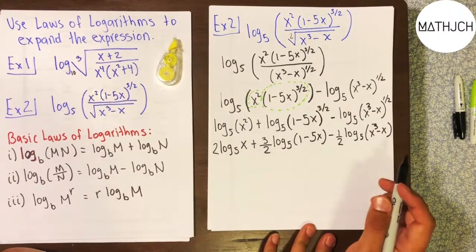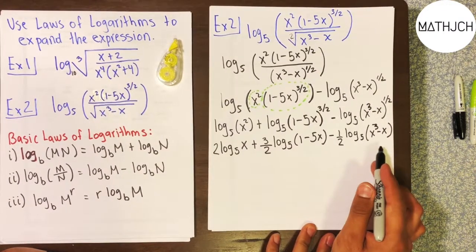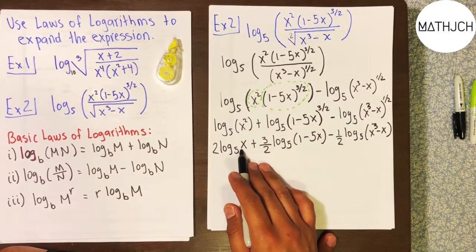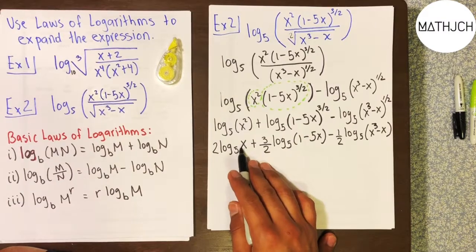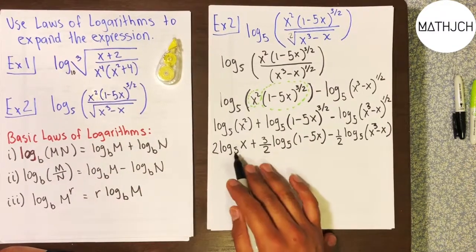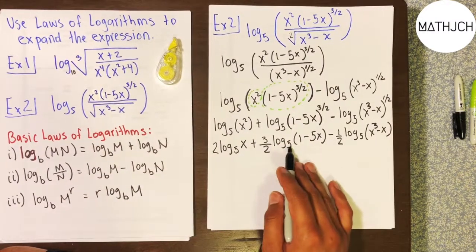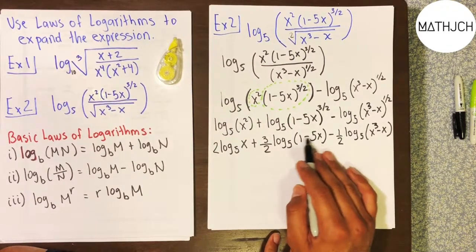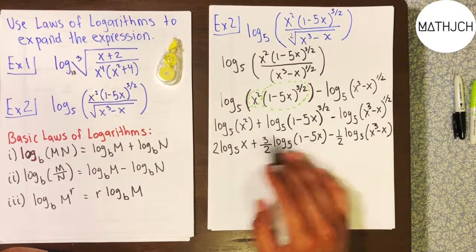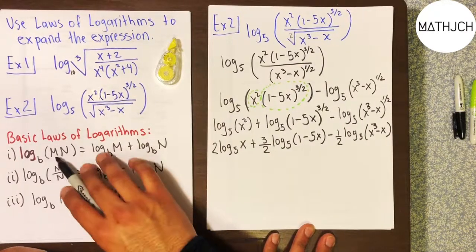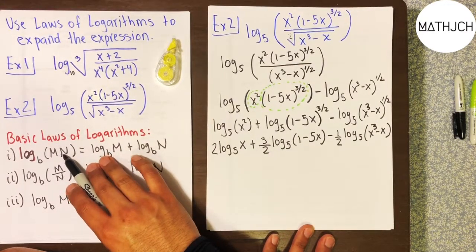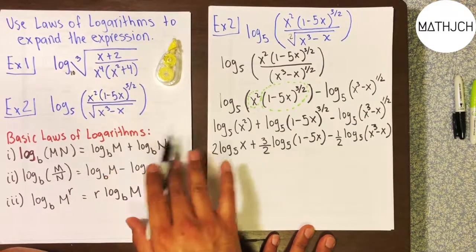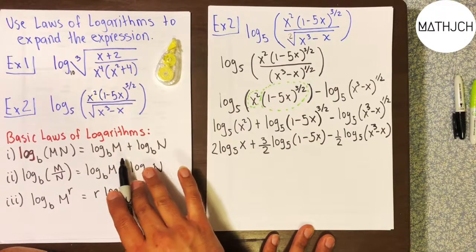Now, let's see if we could apply any other rule here. We have a 2 already there, log 5 of x. The x is by itself, so there's nothing here to apply. Let's go to the next one. We have log 5, and inside we have a subtraction of 2 different terms, right? So we cannot expand this anymore because we don't have any law for a plus or minus inside of the parentheses. There's only plus or minus after the expansion, okay? So this doesn't count.